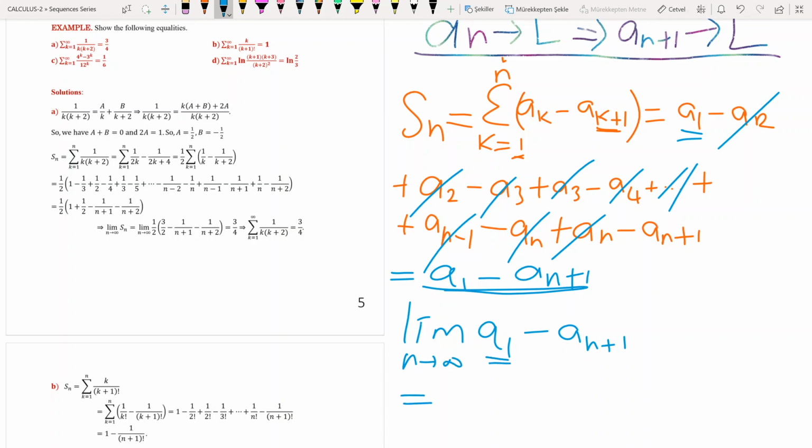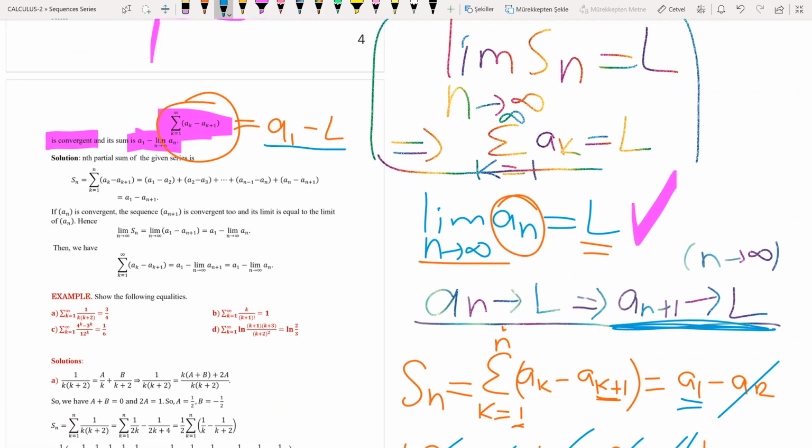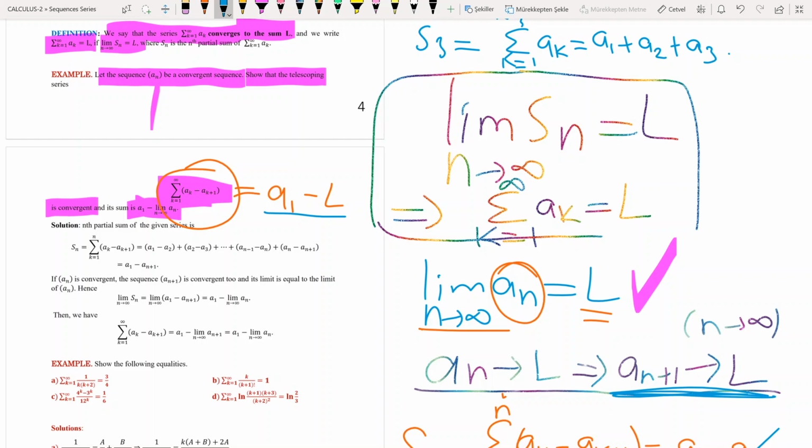The limit of a1 is a1 itself, since it does not depend on n, minus the limit of a(n plus 1) when n tends to infinity, and this is equal to a1 minus L. So as you see, since the limit of the n-th partial sum is equal to a1 minus L, the given telescoping series converges to the number a1 minus L. So we proved the equality.